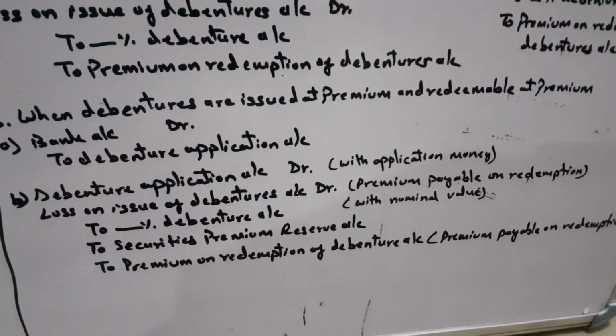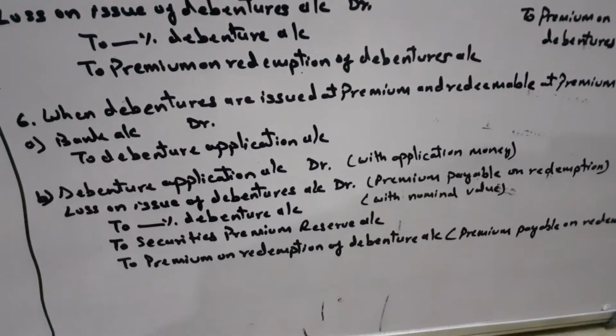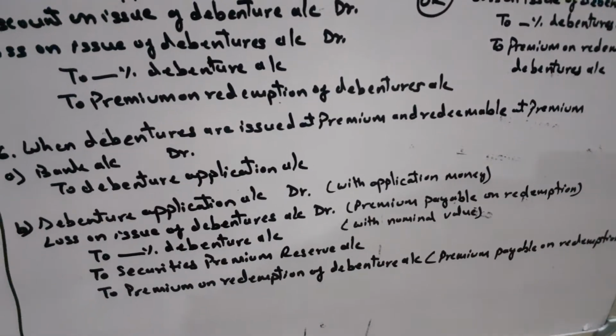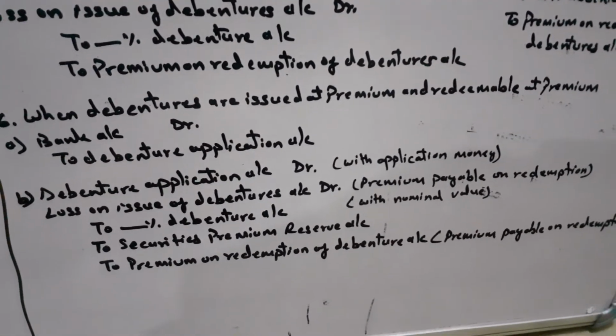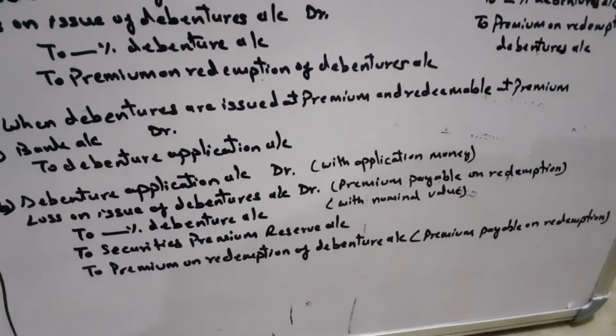As you can see, the debenture application is debited with the application amount, loss on issue of debentures, that means the premium which you are paying on redemption, then to securities premium reserve account, to premium on redemption of debentures, that is the premium payable on redemption. So these are the entries which you have to pass in each of the 6 cases.